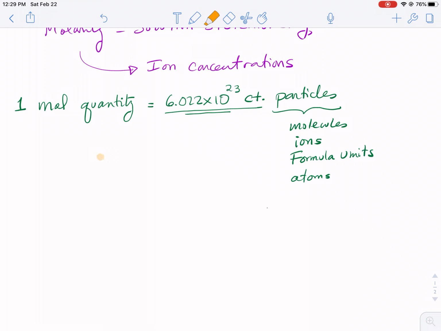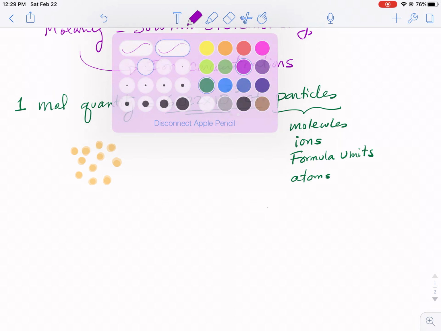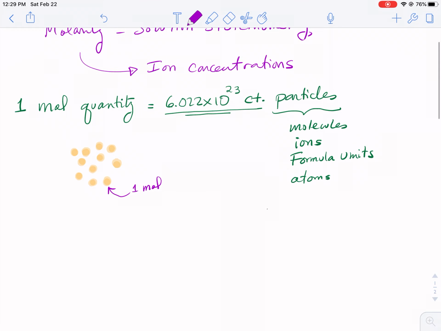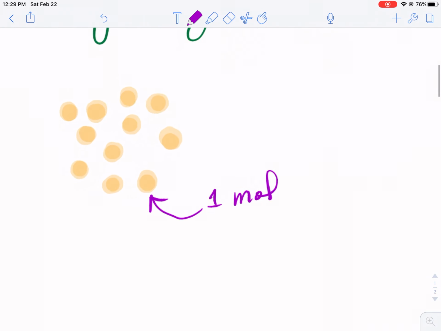And let's say that right now I'm putting these lumps of particles as drawings onto this pad. And imagine that every one circle represents 1 mole. So in one circle, when I say 1 mole, it's like a huge count of these particles, way too many that I could ever put down.